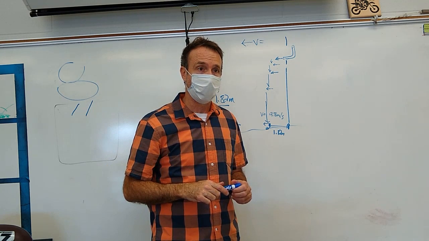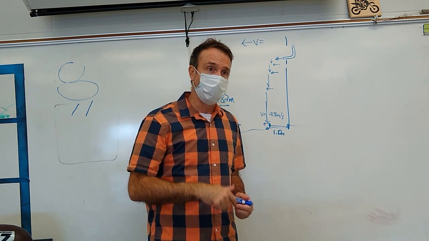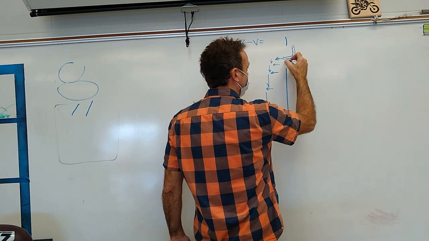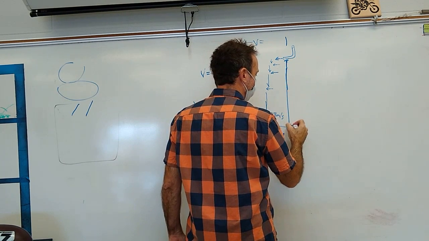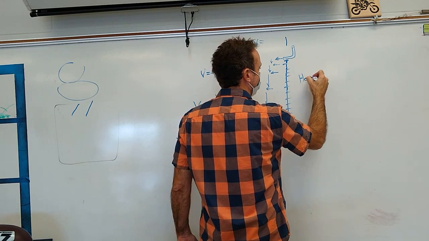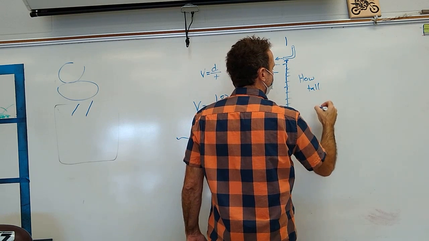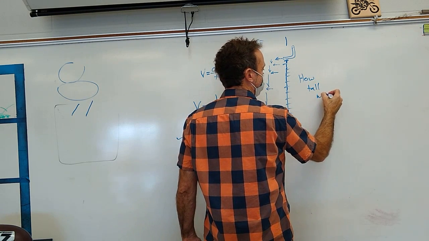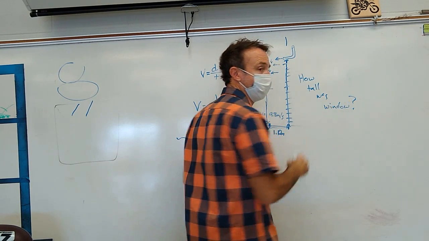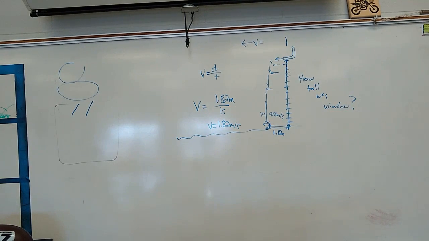Does that make sense? So the last thing I would ask you and the other people at home is, what is the height of the window? How tall was the window? Or how far off the ground was the window in meters? So calculate that real quick.